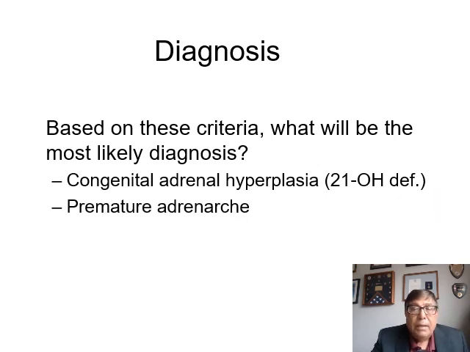Premature adrenarche. Premature adrenarche is a common diagnosis. It's usually seen around 5-6 years of age.